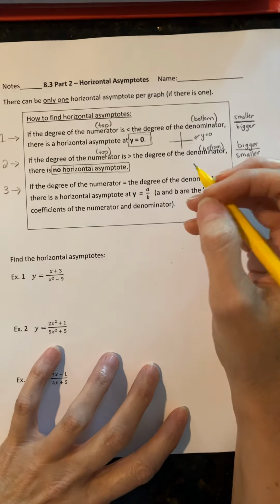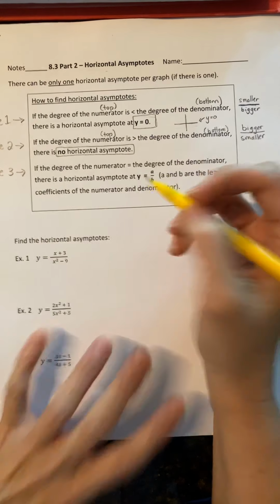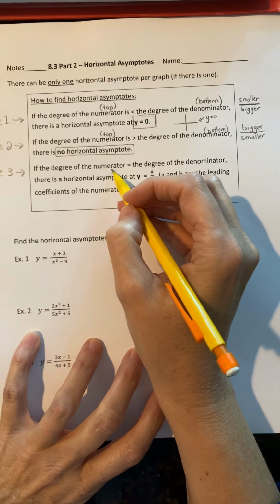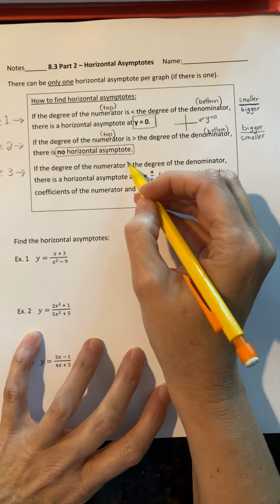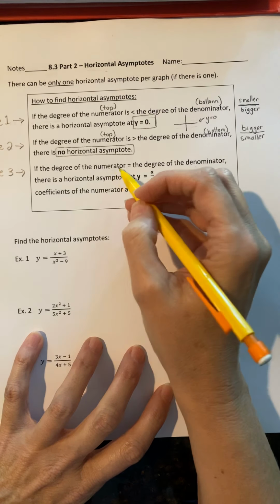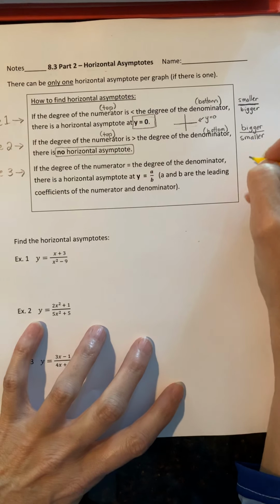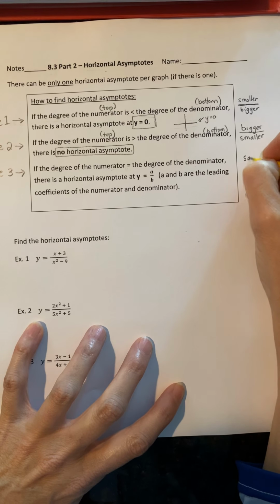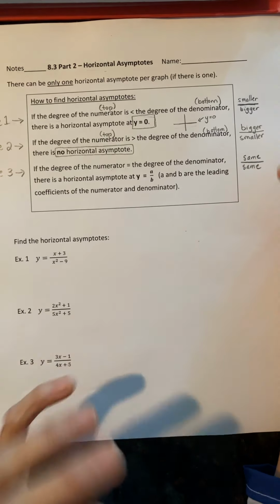And then finally, what could happen is what if they're equal? It says if the degree of the numerator, the top number, equals the degree of the denominator, the bottom. So if the top degree equals the bottom degree, so they're equal degree, the same degree.